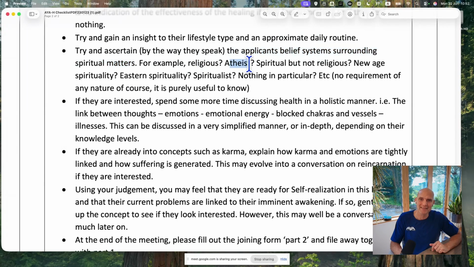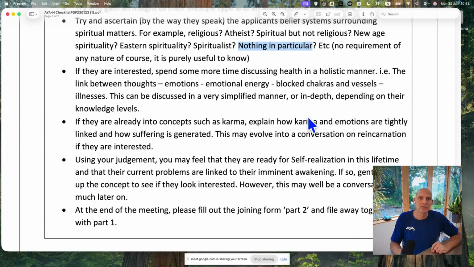Are they atheist? Are they spiritual but not religious, which is another type of spirituality? Are they New Age spirituality? Are they Eastern spirituality? Are they spiritualist? Or perhaps nothing in particular, which is probably the vast majority of people in the UK now, because it's becoming very secular. Just useful to know.